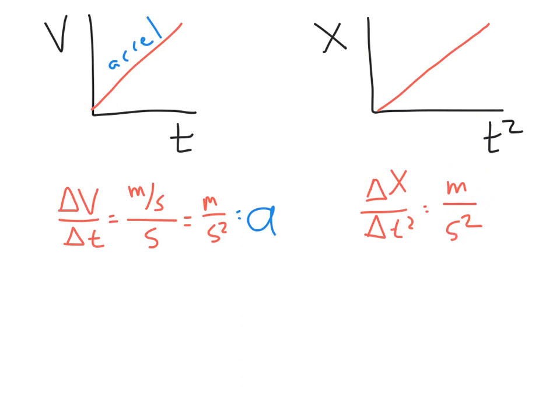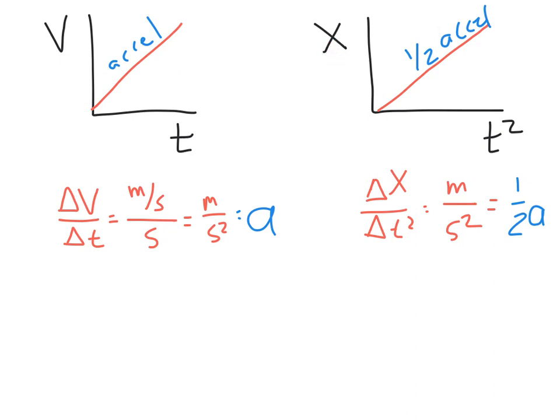The only difference then is the amount of acceleration that this gives you. Technically, an x versus t squared graph only gives you 1/2 of your actual acceleration. So the slope on this graph is 1/2 of your acceleration, and that is a result of the fact that you're not graphing the same value. You're graphing velocities here, and you're graphing positions here.